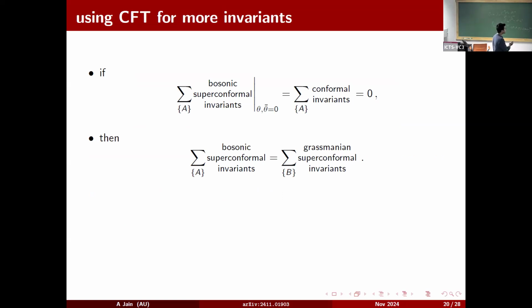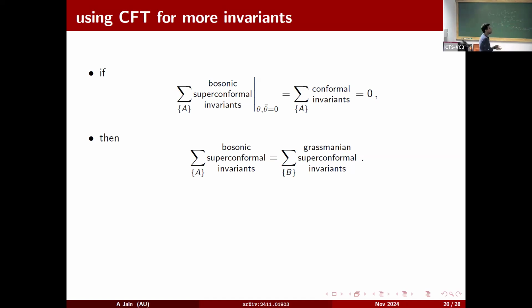If this combination, when I look at the conformal case, gives me a 0, then that means if I do not take thetas to be 0, this should be equal to a Grassmannian superconformal structure. Right? Does that make sense? It should be equal to a Grassmannian structure, and that should hold for all the bosonic invariants.